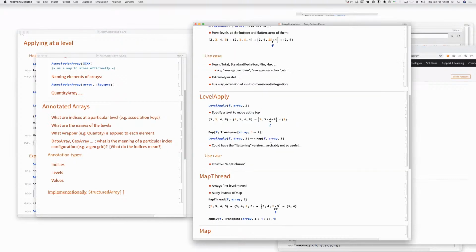This seems awfully productive. To me, this idea of an annotated array that allows you to have a mapping for indices, levels, and values seems like a good concept. And then the question is, given that, many of these operations can refer to the mappings of indices and levels.